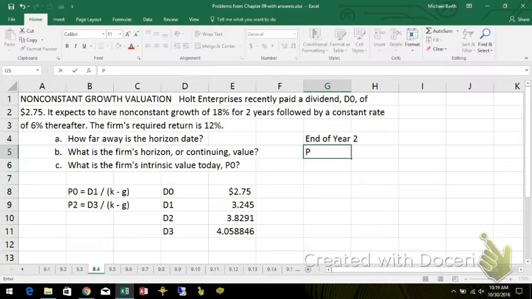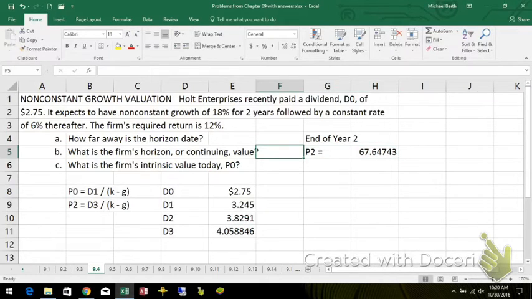That'd be P2. And what's that going to be equal to? That'd be D3 divided by the total rate of return of 12%. That's the required return given in the problem, minus the constant growth rate of 6%. So that's going to be the value around $67.65 at the end of year 2.